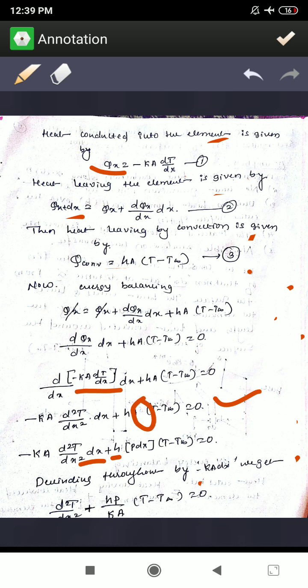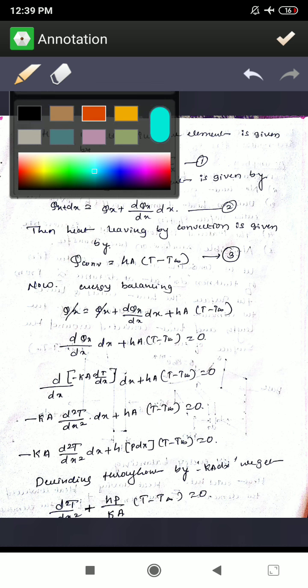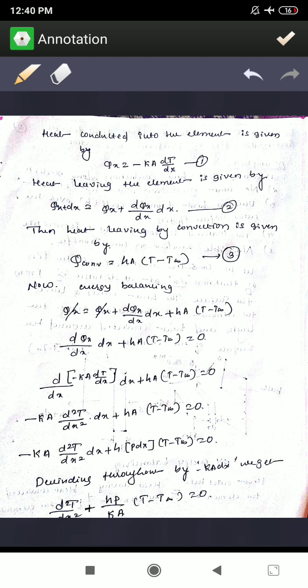This surface area I can write as perimeter into thickness, and keep the rest as it is, (t minus t infinity) equal to 0, because the surface area can be defined by perimeter into thickness. The cross-sectional area is different, but the surface area can be defined by perimeter into thickness.